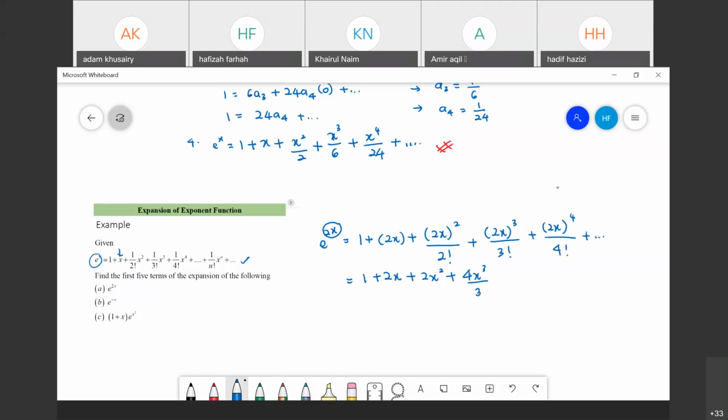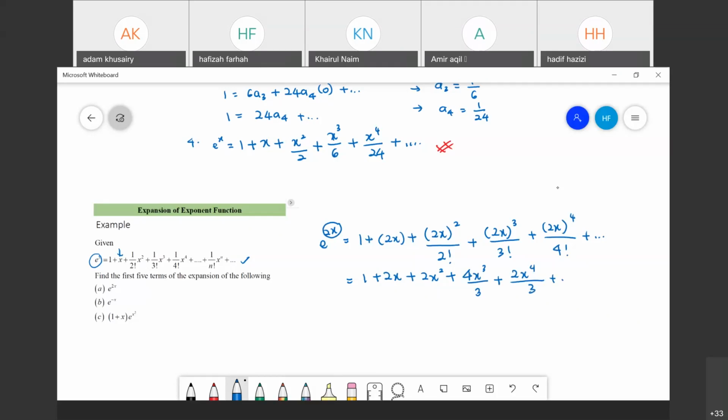Okay. And then plus 2 kuasa 4 bahagi 4 faktorial. So we have this 2x to the power of 4 divided by 3.